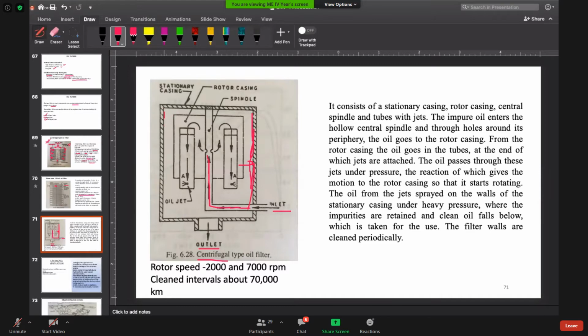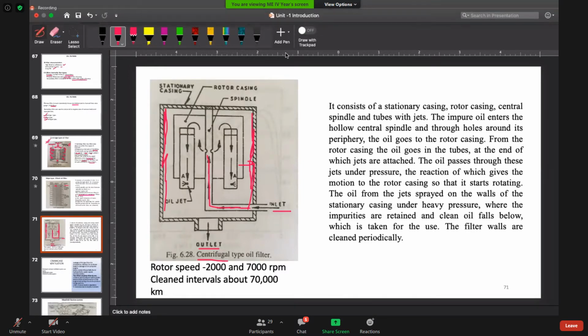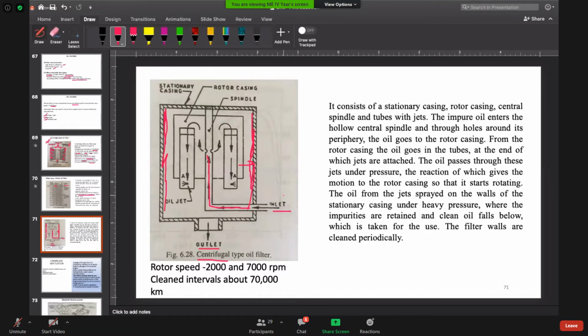Okay, so this is happening due to centrifugal force. So this is the working of your centrifugal oil filter. Now I would like to show you one video of it so that it will give you a clear picture of this.